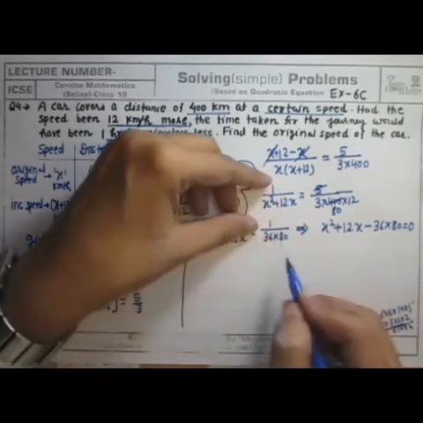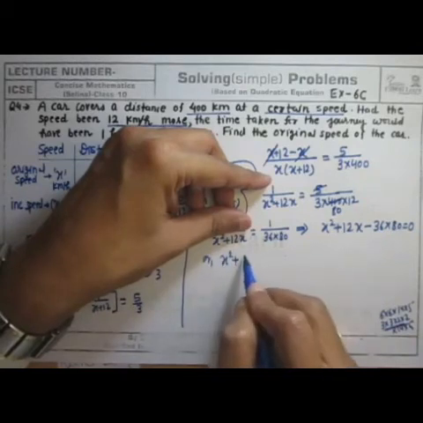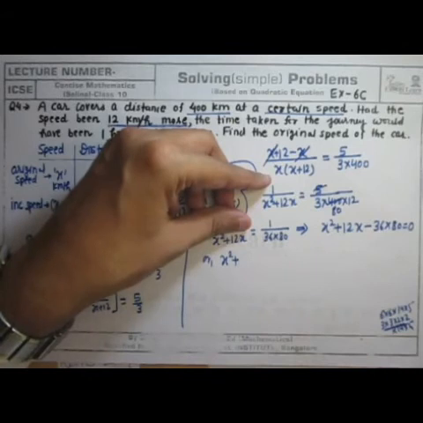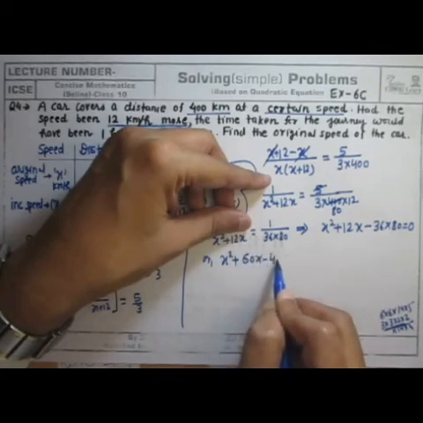So it can be written as x square plus 60x minus 48x.